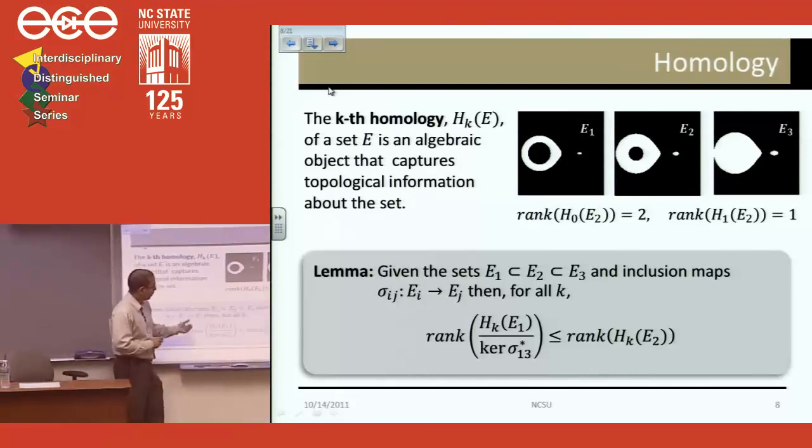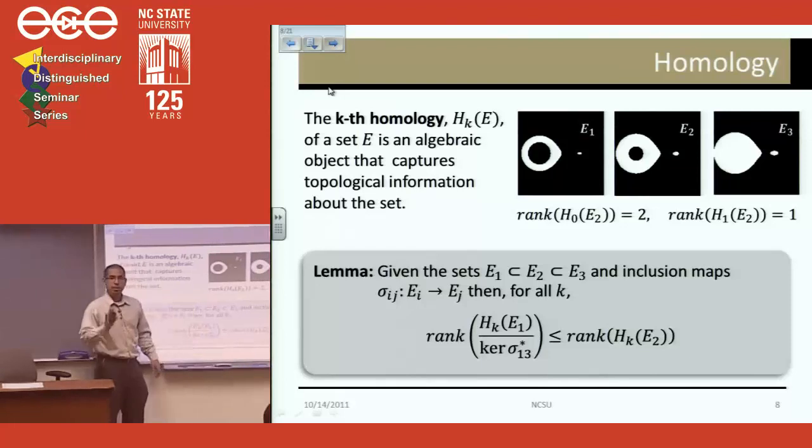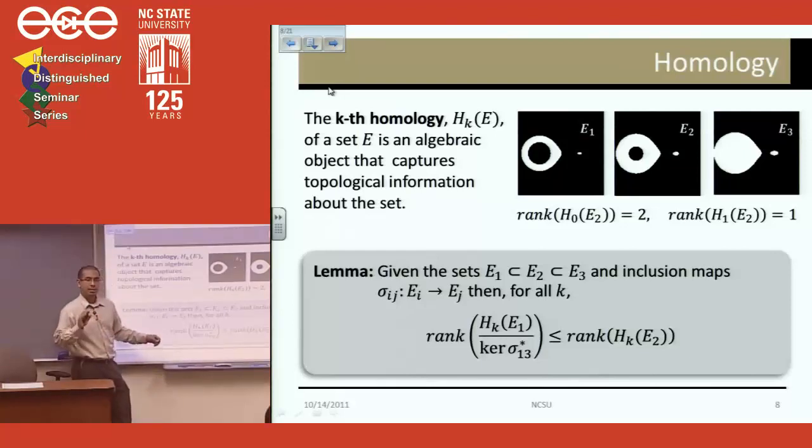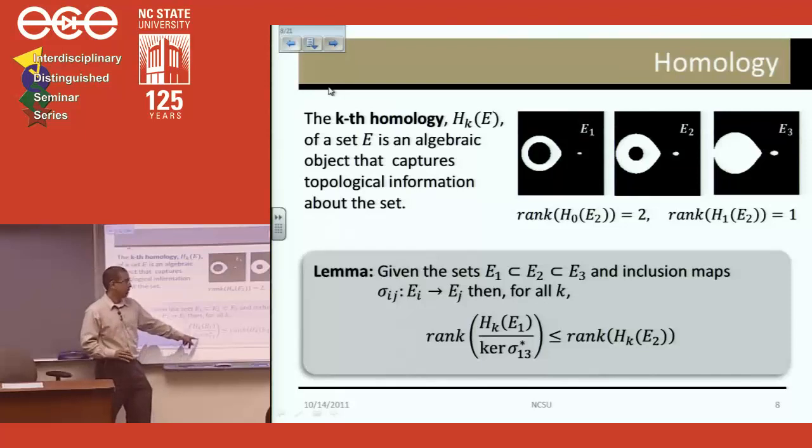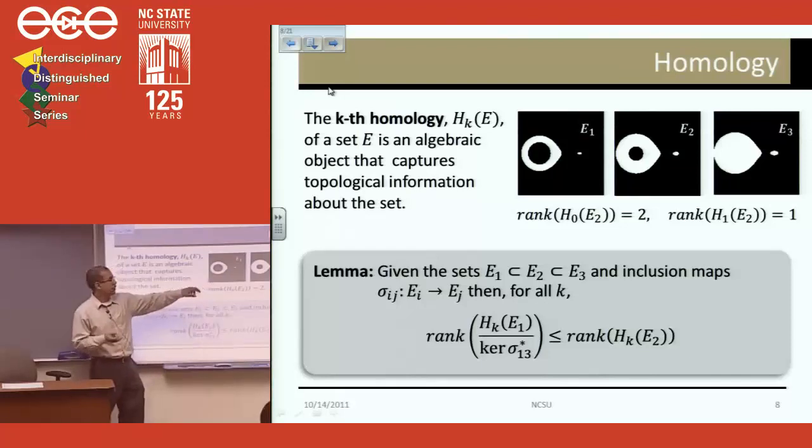Okay, so just to give you an example in terms of intuition, if k was equal to 0, the number of connected components, this quantity here, the rank of Hk divided by the kernel, is telling you how many connected components are present in the set E3 that were also present in E1 in some way.